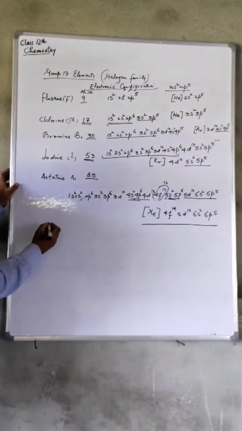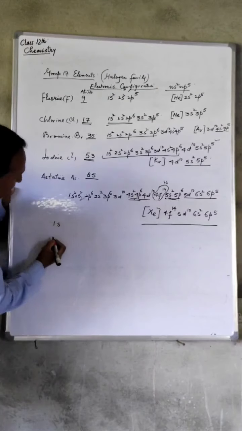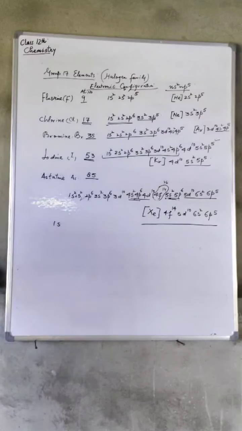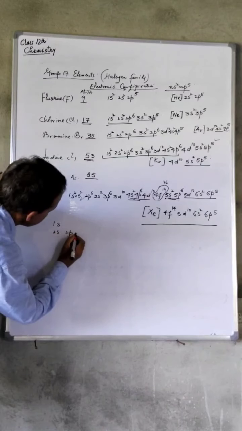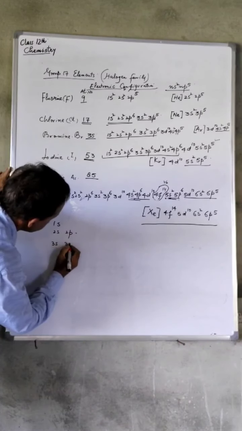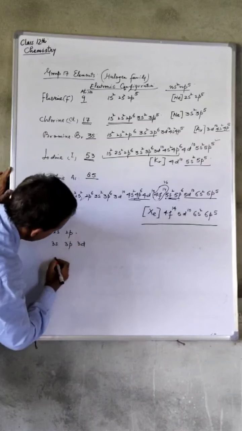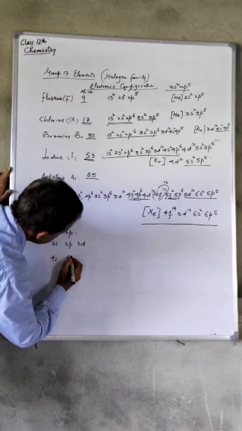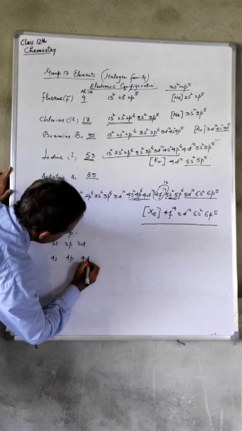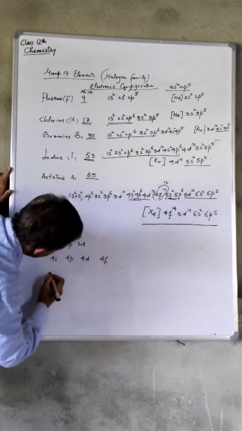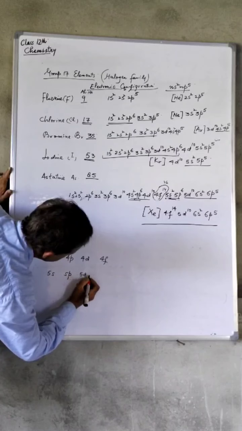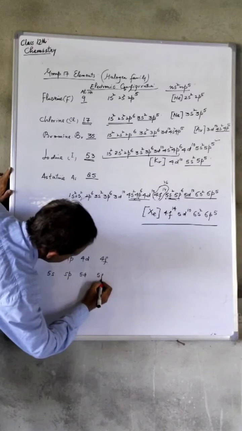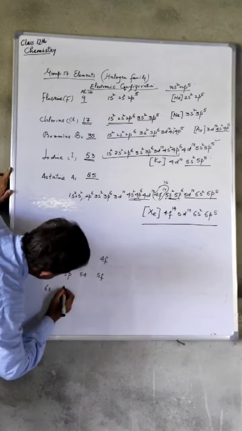You have read this in class 11 in the filling of electrons in orbitals: 1s, 2s, 2p, 3s, 3p, 3d, 4s, 4p, 4d, 4f, 5s, 5p, 5d, 5f, 6s, 6p.